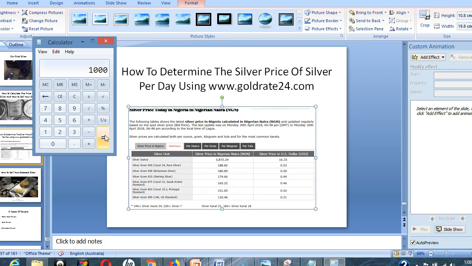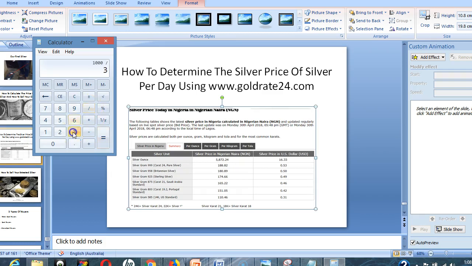So then let's see how we can change it to ounces. All right, I said that an ounce is the 31st part of every precious metal. So to convert from grams or kg to ounces, you have to divide what you have here by 31.06. 31.06 is a constant, and it signifies the 31st part of every precious metal.